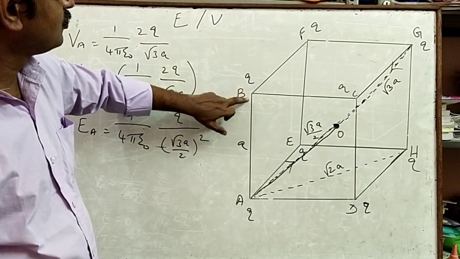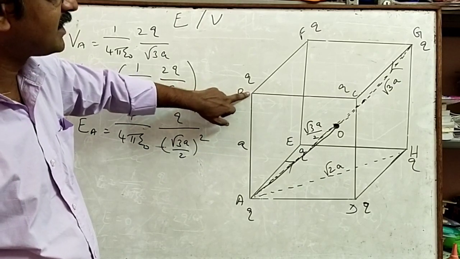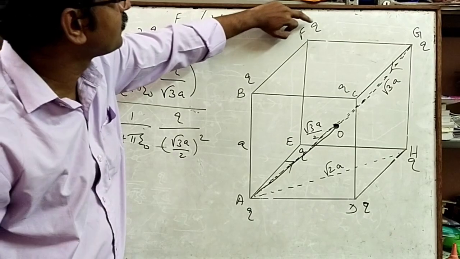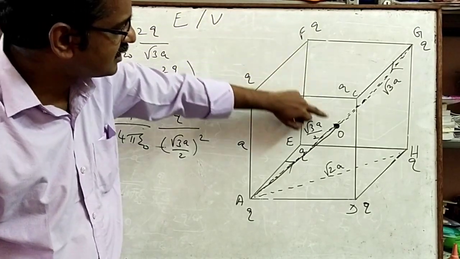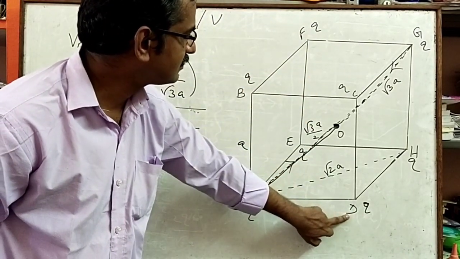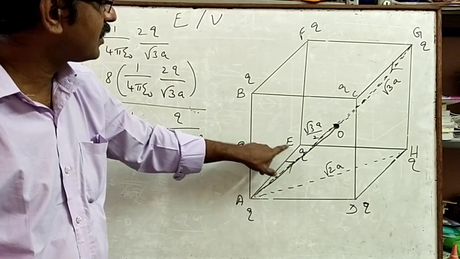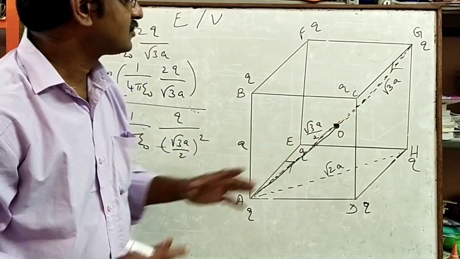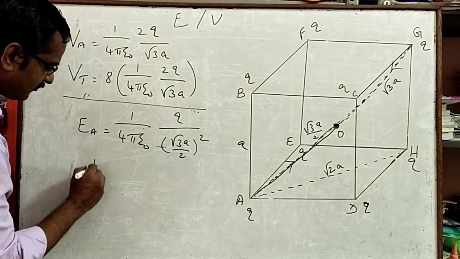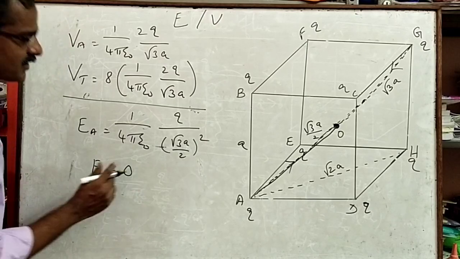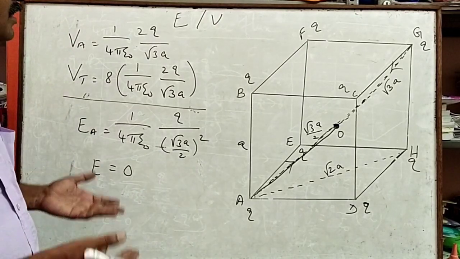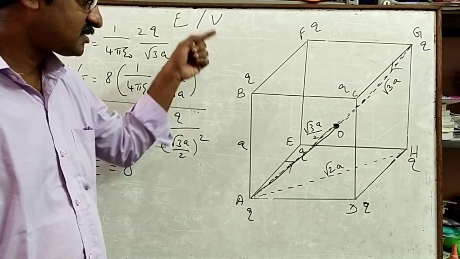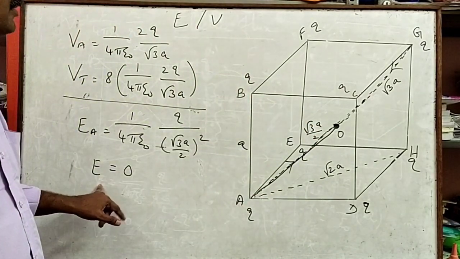Similarly, the electric field due to Q at B is cancelled with that due to Q at H, that due to Q at F with that due to Q at D, and that due to Q at E with that due to Q at C. So they get cancelled, and the resultant electric field will be 0. At the center of a square or a cube, where all the charges are positive and equal, the resultant electric field will be 0.